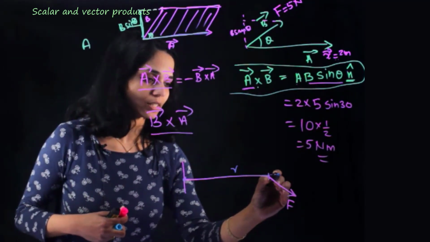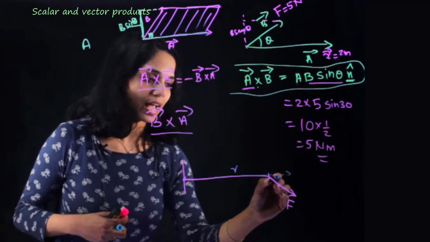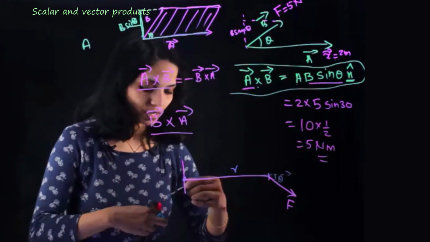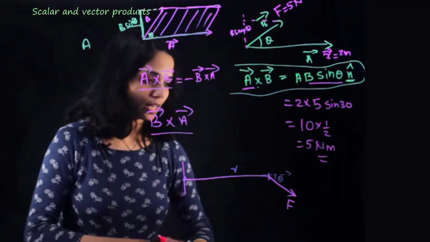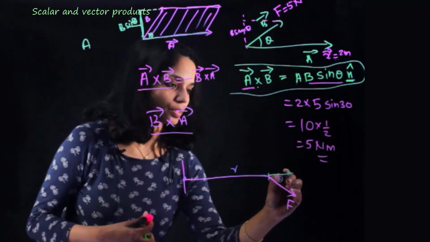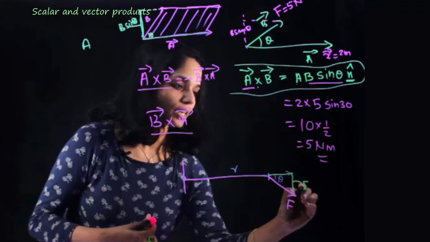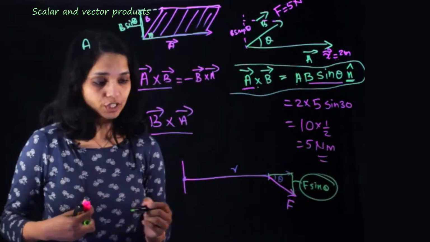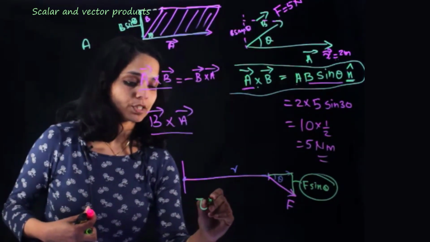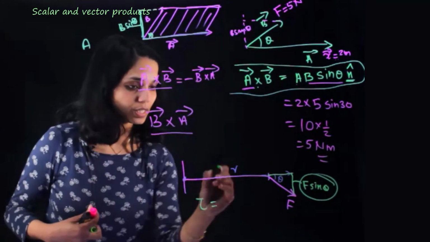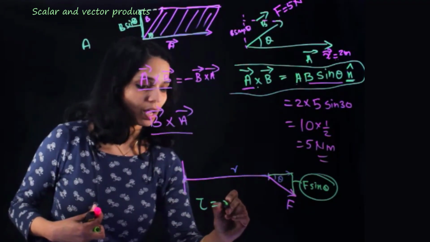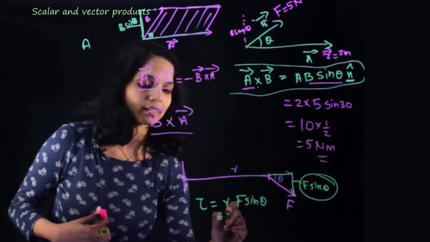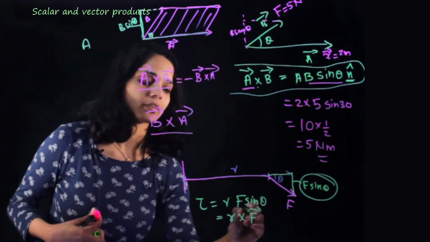This is the r vector, in this direction, and the angle between them is theta. We can split this f into two components, and this component is f sine theta. Only this component brings rotation, and the torque or moment of force is calculated using the moment arm r times f sine theta. So this is nothing but r cross f.